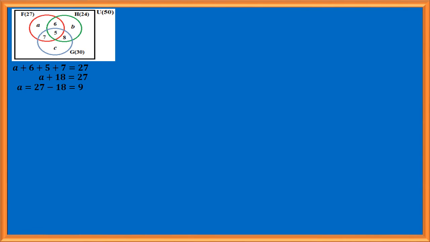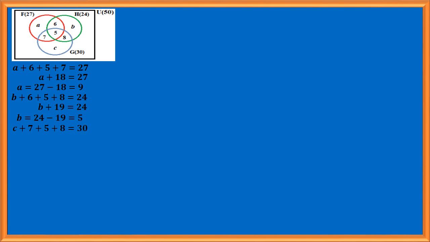To find the value of B, we add all the elements within the green circle. So that gives us B plus 6 plus 5 plus 8 equal 24. B plus 19 will then be 24. B will then be 24 minus 19, which is equal to 5. Then to find the value of C, we add all the elements within this particular circle.